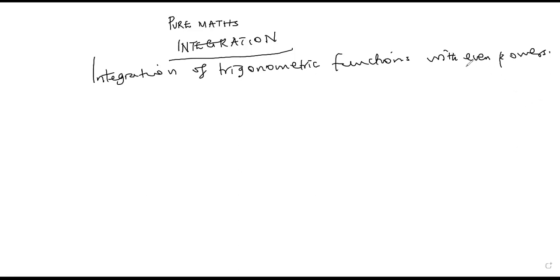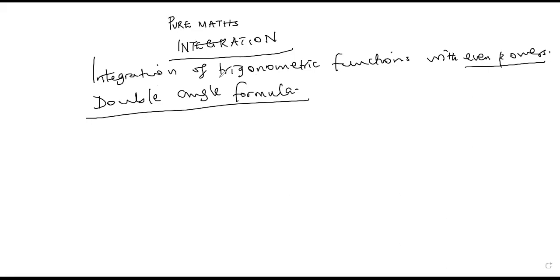Now, the moment you see the words even powers, what should come into your mind is that we are going to be applying the double angle formula. As the name suggests, trigonometric functions imply that we need some idea of trigonometry.